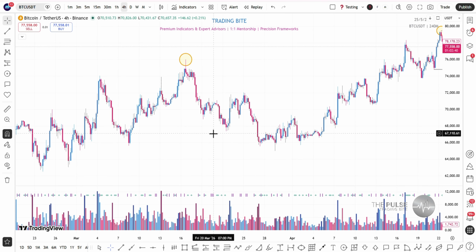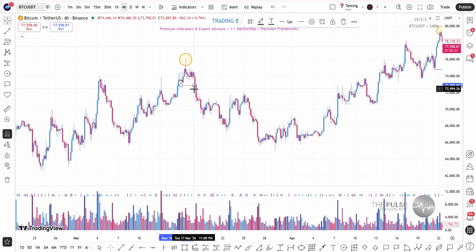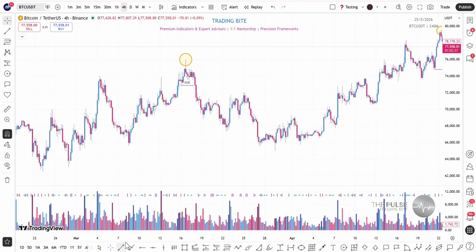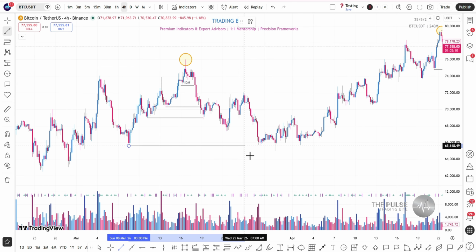According to this, our immediate inducement is right here, and then our next inducement is right here, and then our next inducement is right here, and then our next inducement is right here.